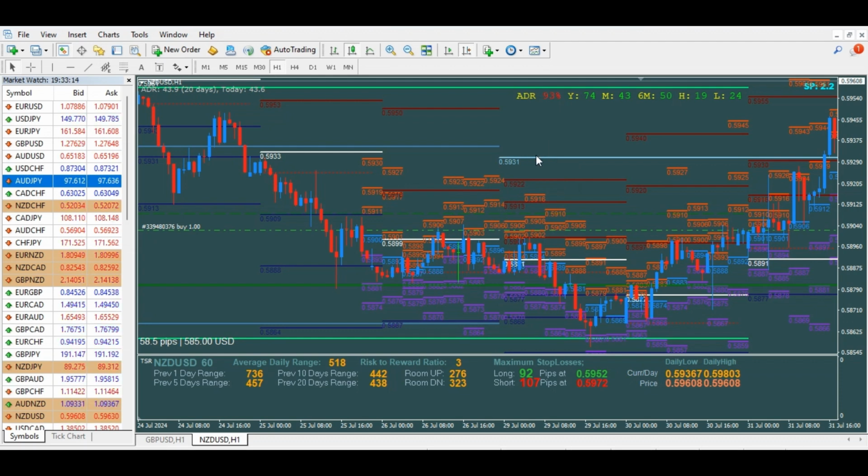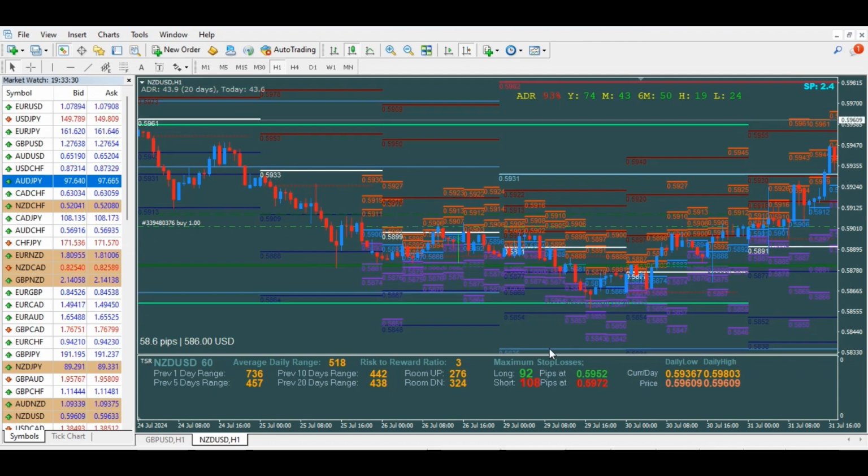So once this new weekly interpretation plots, then it's a new interpretation, right? So price may want to move in the direction of the weekly S1, and that's exactly what it did.